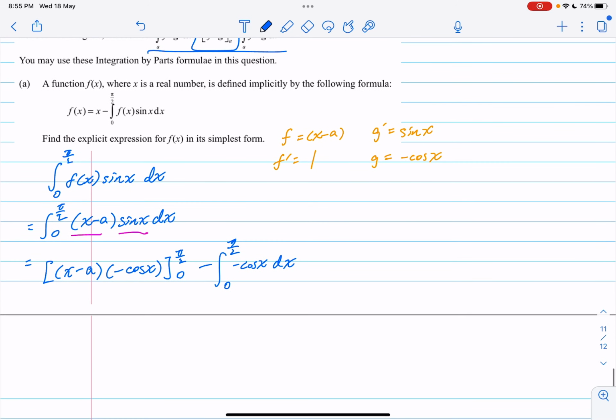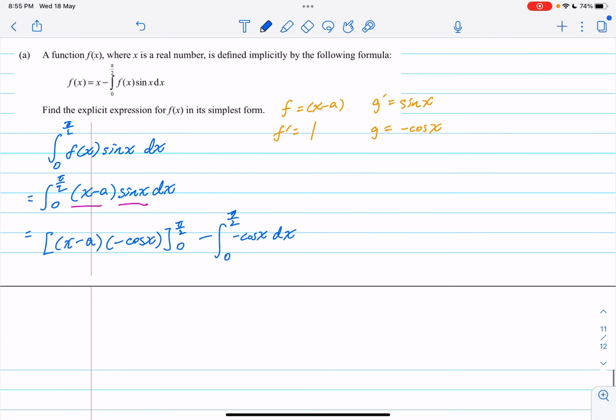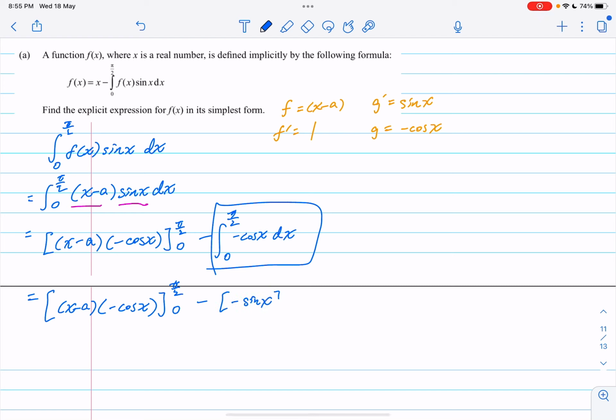So, yeah, now we're just evaluating this. Actually, before that, I'm just going to integrate this thing here. It's going to be minus sin x, okay, because the derivative of minus sin x is minus cos x.